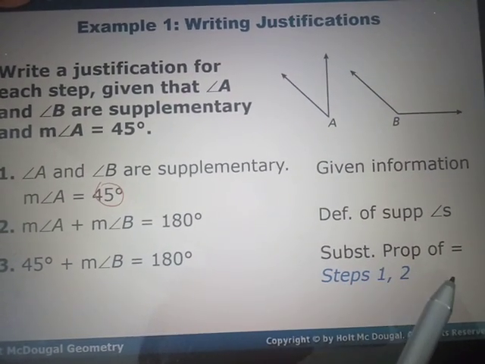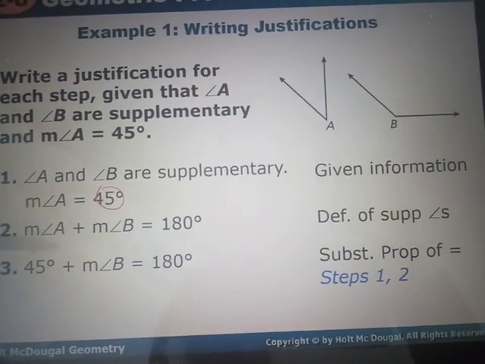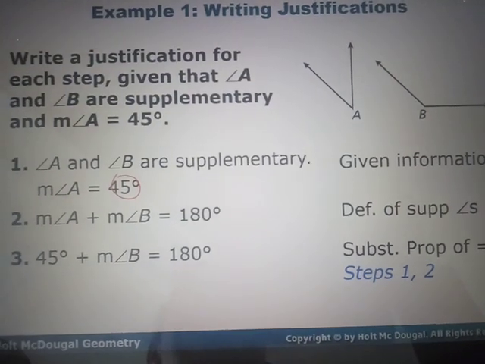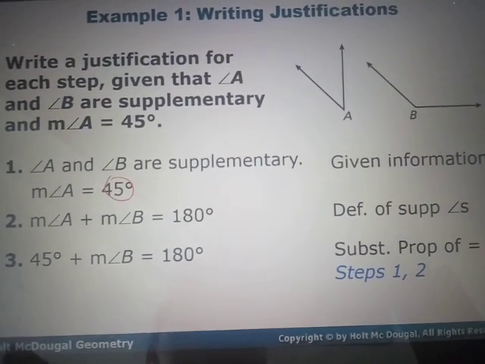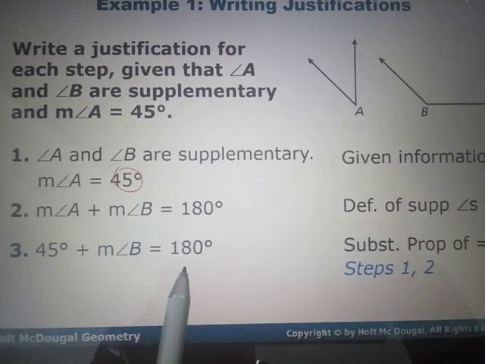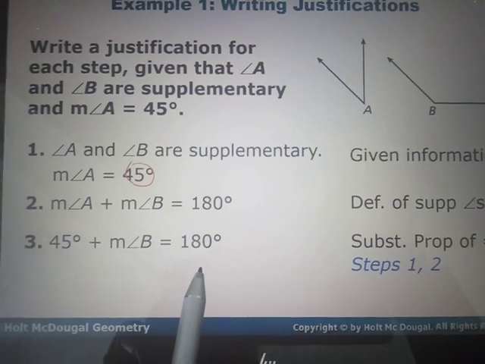Substitution property of equality. From step 1 and step 2, what is the result? Measure angle B equals 180 minus 45. It will be 135.